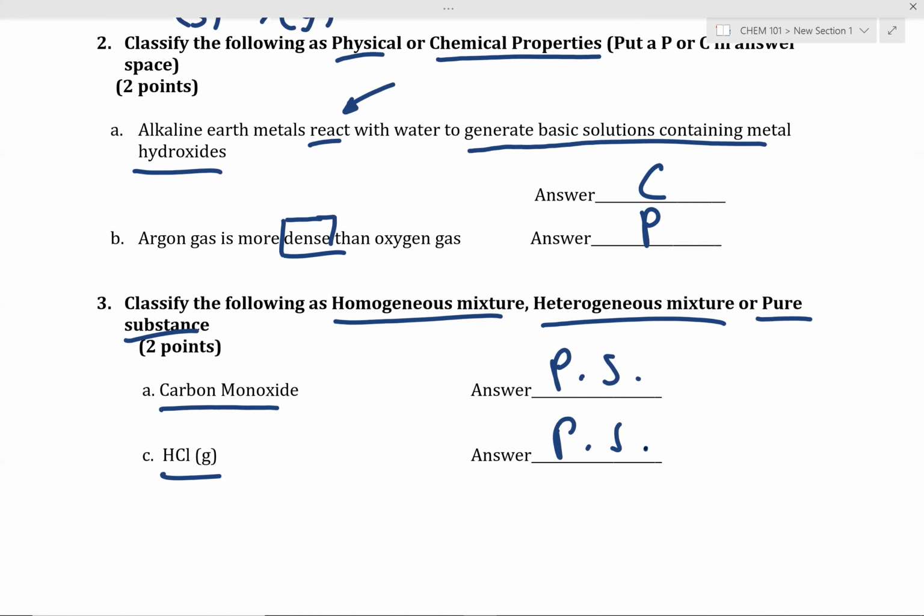Why is it again a pure substance? Which one? For C. Okay, HCl. Pure hydrogen chloride exists as a gas. There's no other pure substance mixed in with that hydrogen chloride.